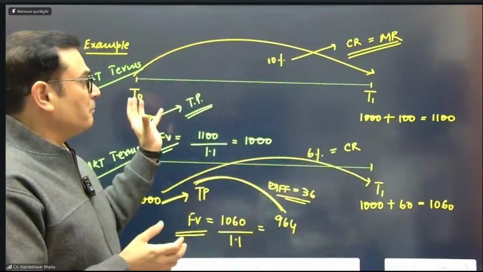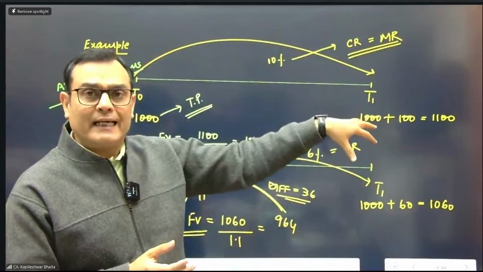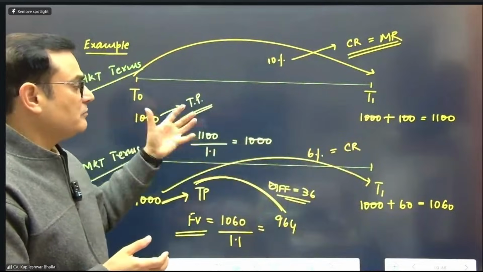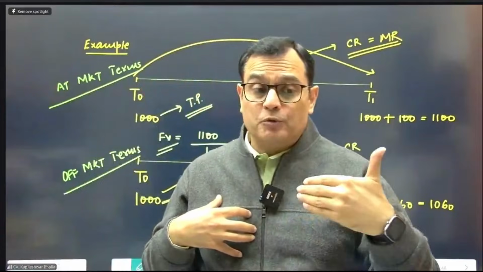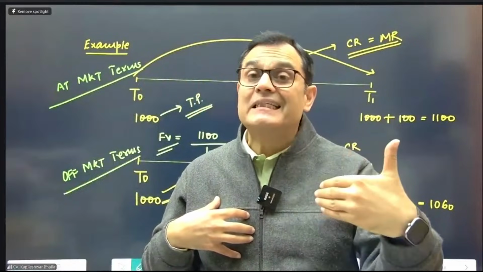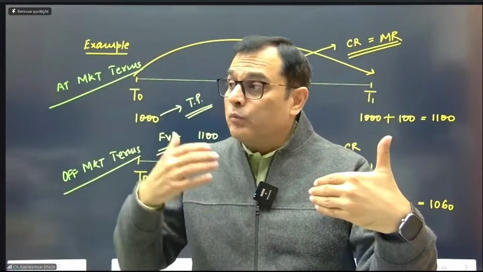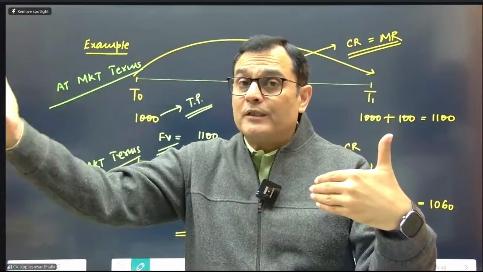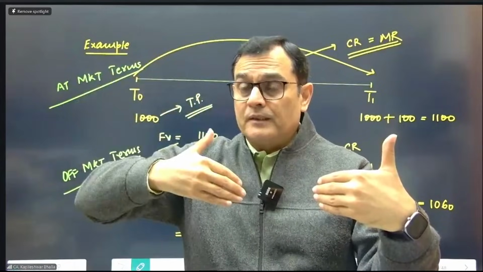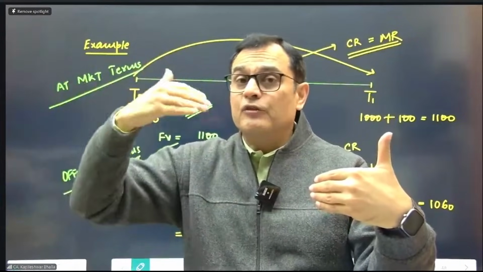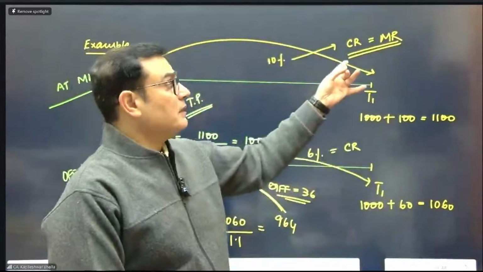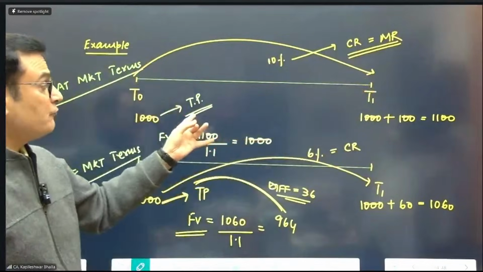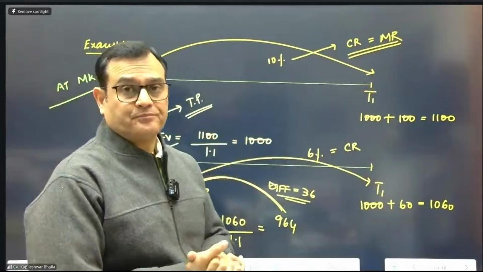Because you are paying interest compounding at the market rate and then you discount at the market rate. What is the transaction value at which you enter into the transaction? And what is the fair value? The present value of the future amounts. The present value of the future inflow is the fair value. And since the contracted and the market rate are the same, your transaction value and fair value will always be the same.